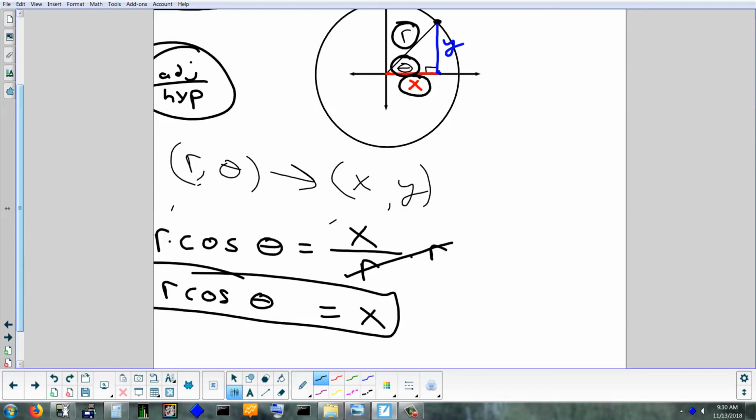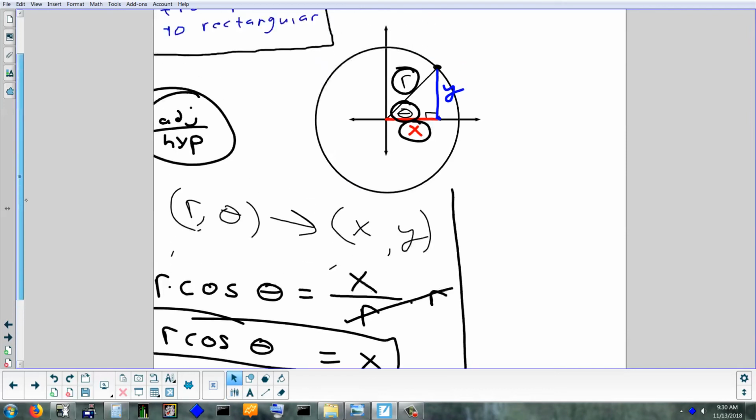Now we need one more formula to convert polar to the y value. All right, so we'll do the same thing again. This time, I'm focusing on that side and the r. So r is still hypotenuse, so I'm still using that. But what is y? What side is that?